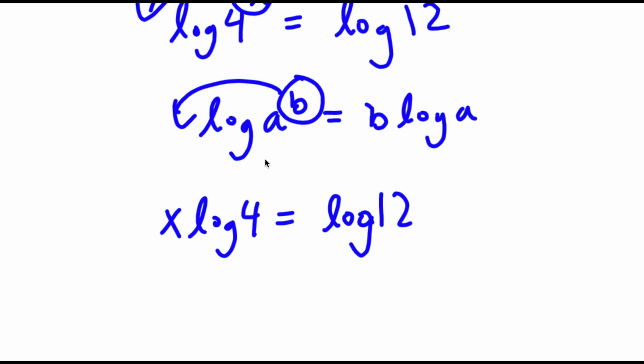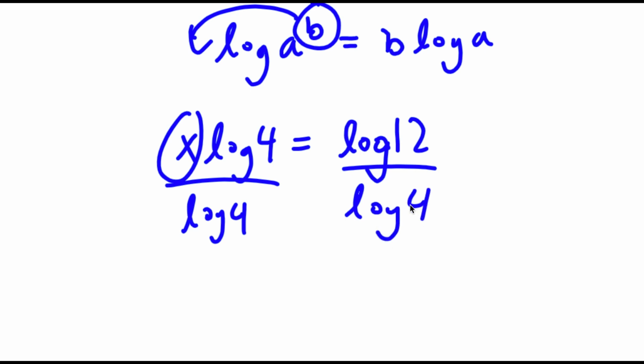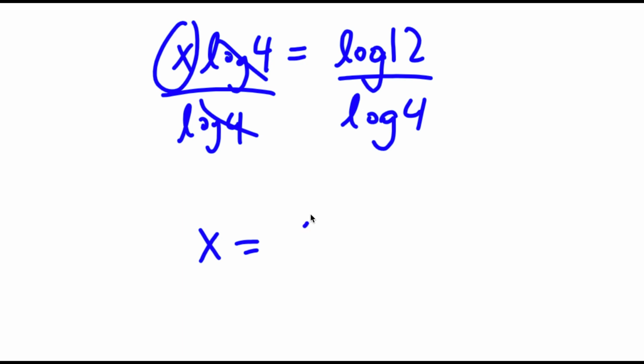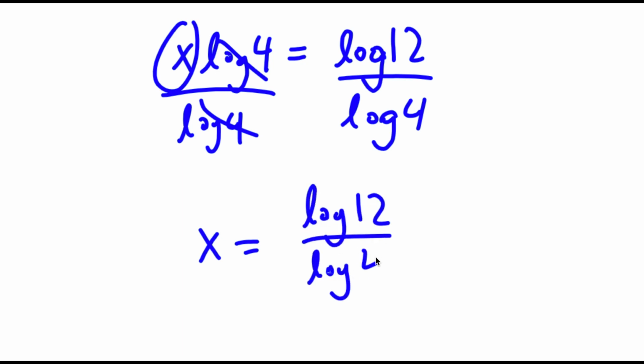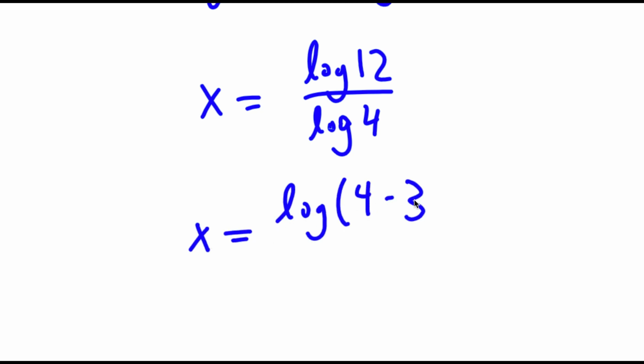Now we obviously want to isolate x here, so to do that I have to get rid of this log 4 by dividing on both sides. So then these two cancel out, and now I have x is equal to log 12 over log 4. Now log 12, that's equal to log 4 times 3.